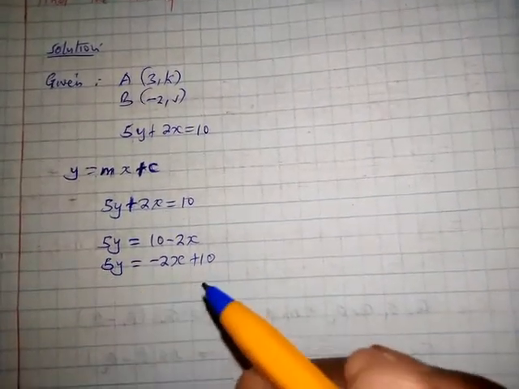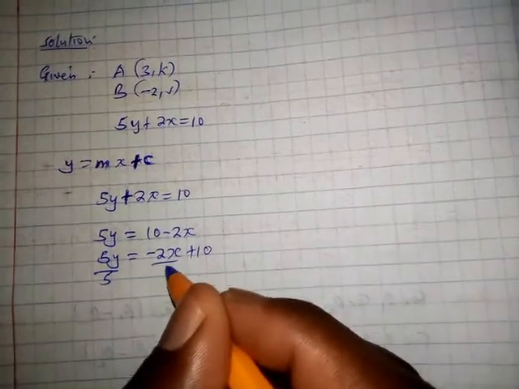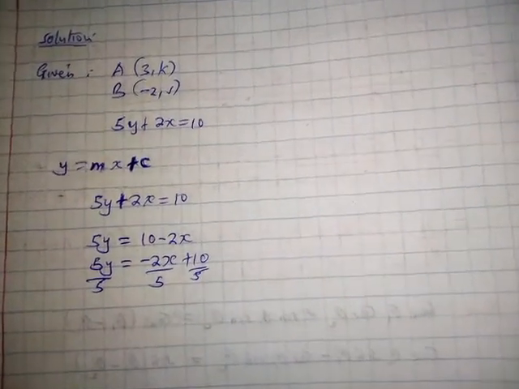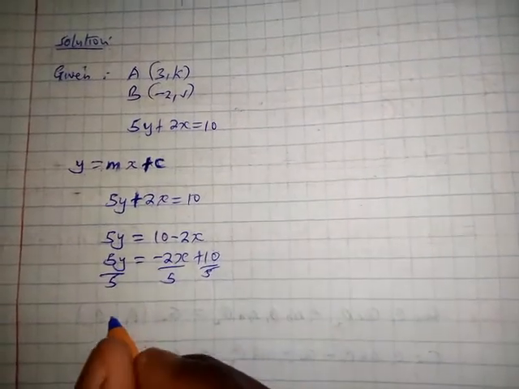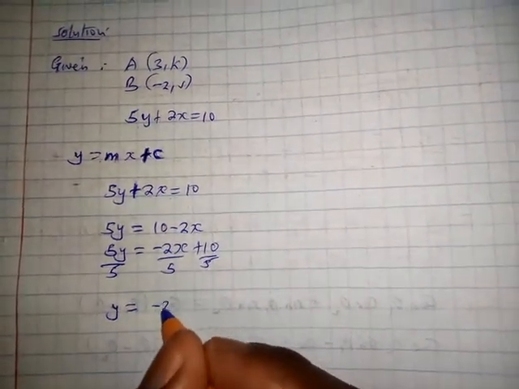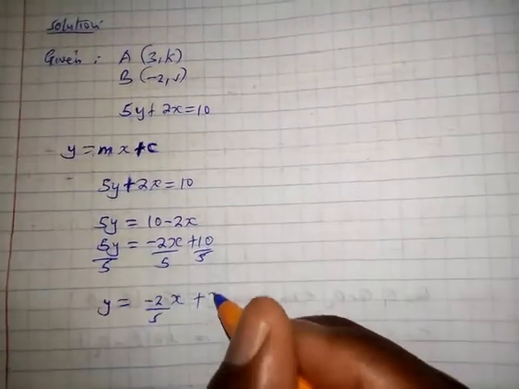To remain with y, we divide both sides by 5, and we have y is equals to -2 over 5 x plus 2.